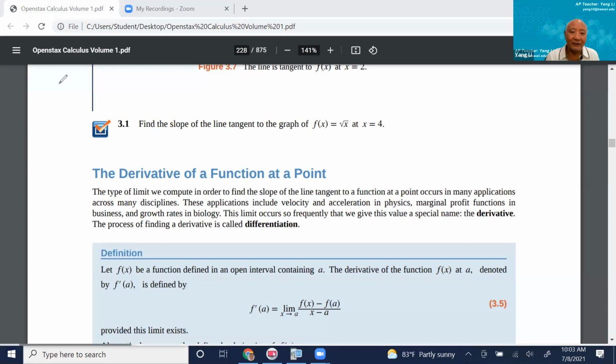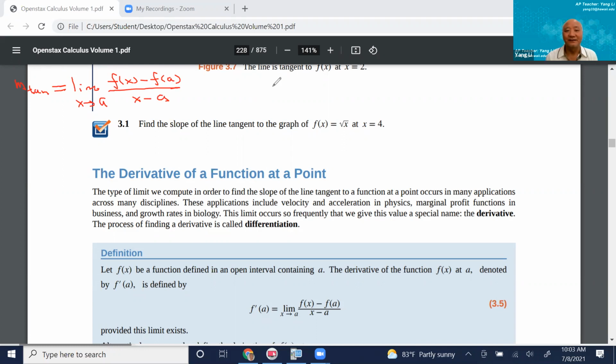One is the format of the definition. Slope of the tangent line equals what? Limit x approaches a of f(x) minus f(a) over x minus a, like this.